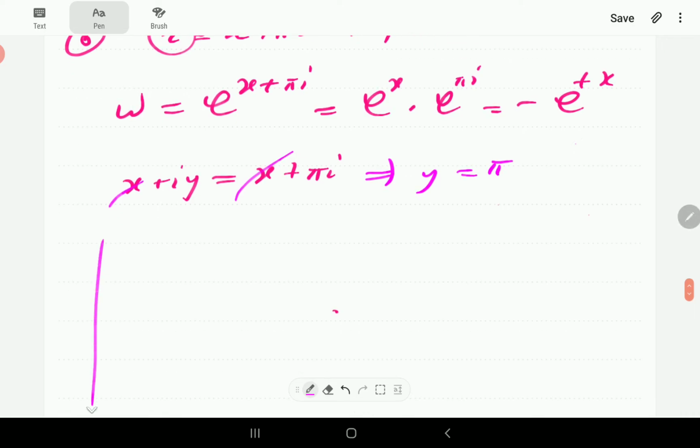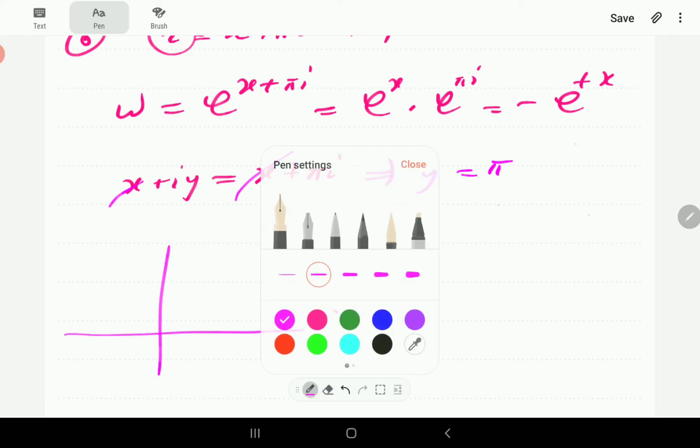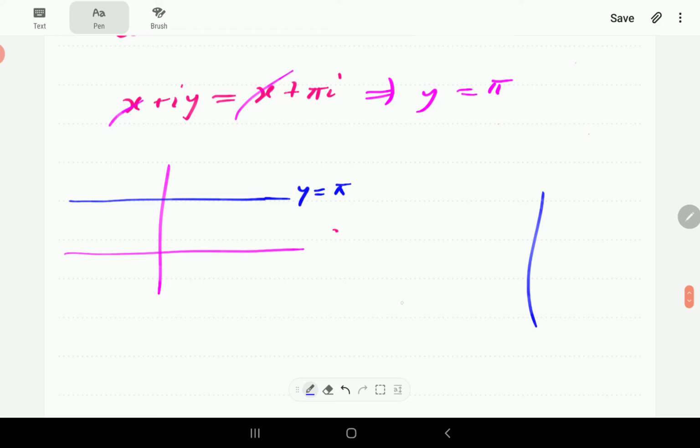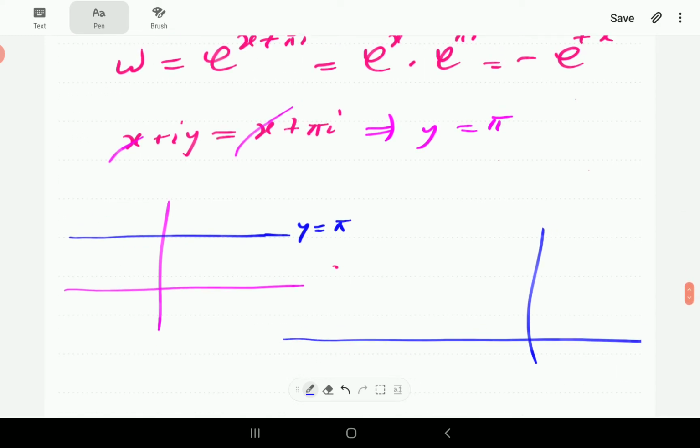So that's the straight line here, its image is also going to be a straight line, because this is y equals π, then its image is going to be the negative real axis.